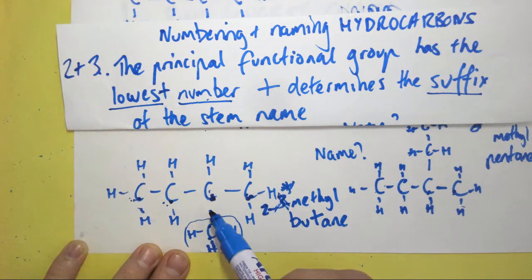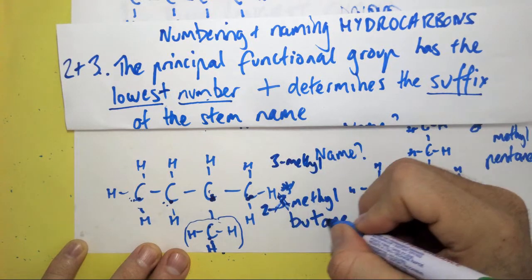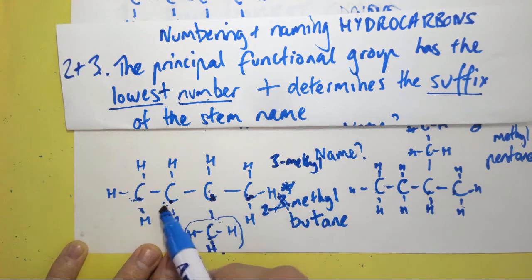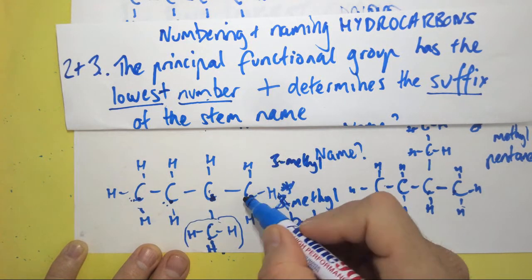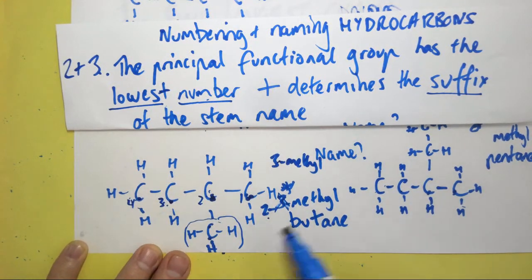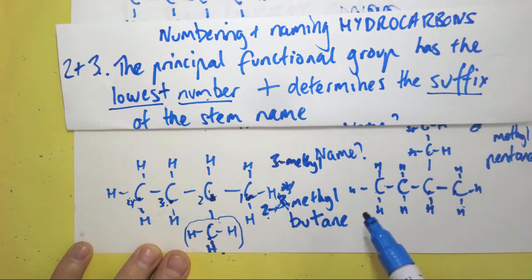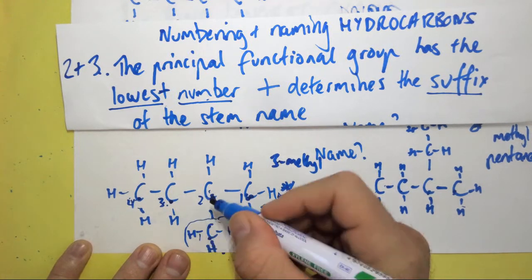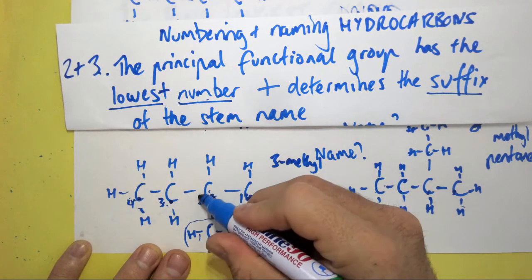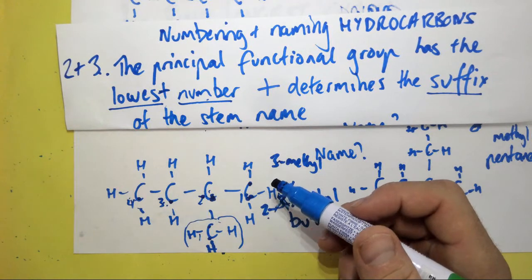If we were to call it 3-methyl butane, it's not the lowest, because 2 is lower than 3. So we make this number 1, 2, 3, 4, and we call it 2-methyl butane. Alternatively, if you were to number it from the other end, that's still 2-methyl butane because we've still got a methyl group.